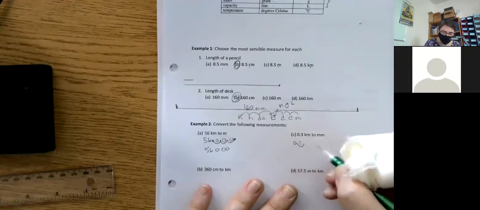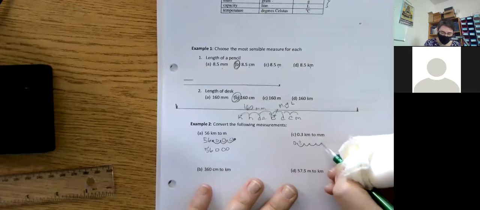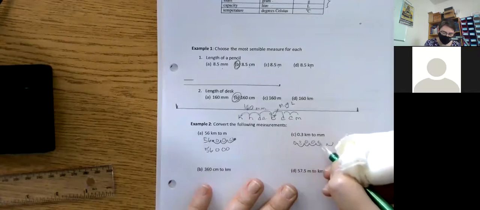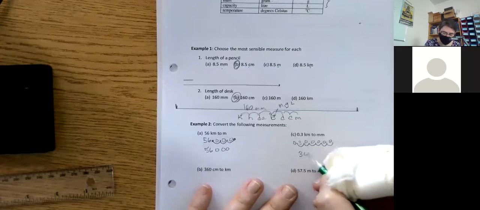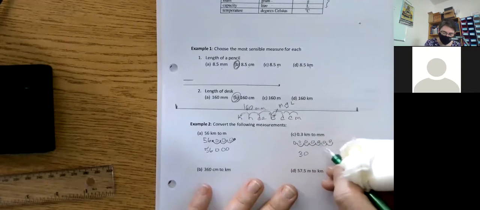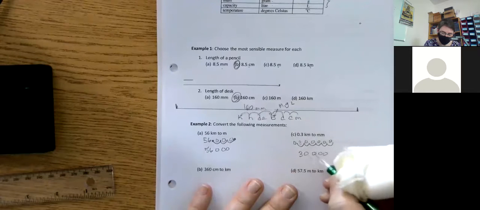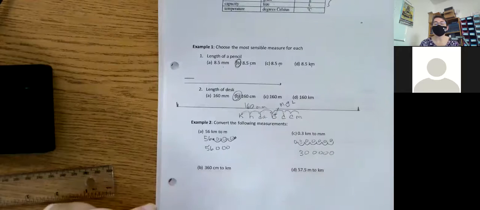I'm going to go 1, 2, 3, 4, 5, 6. And everywhere that there's a loop, I'm going to put in a 0. So I got 1, 2, 3, 4, 5. 1, 2, 3, 4. Ah, last one. There we go. So what I want you to do right now is I want you to pause the video. I'm going to try and pause it too and do those next 2 questions.